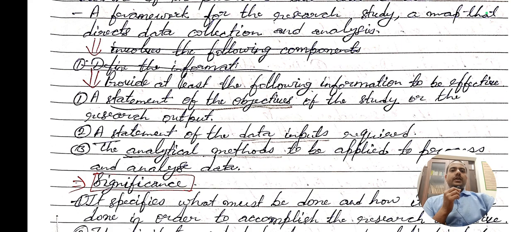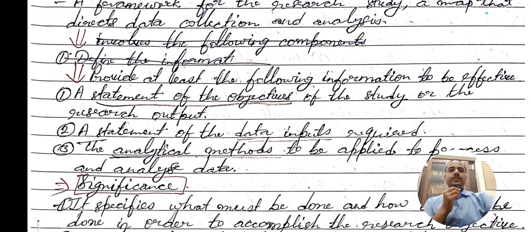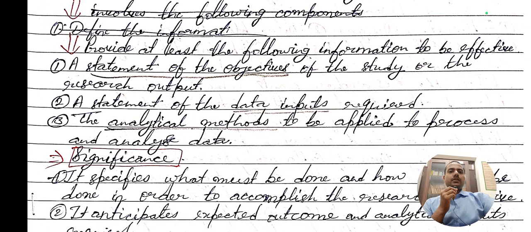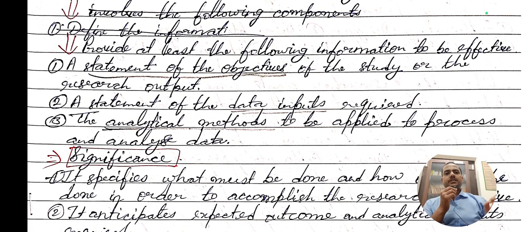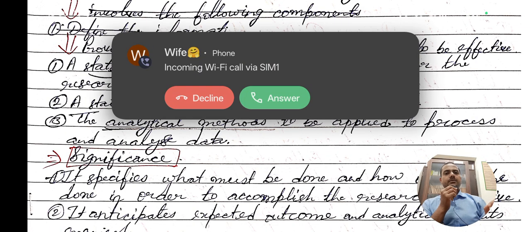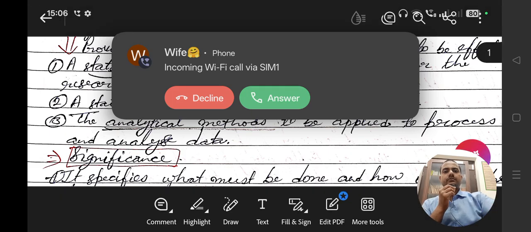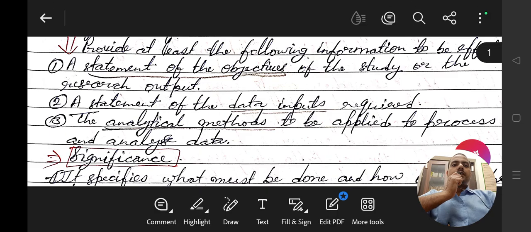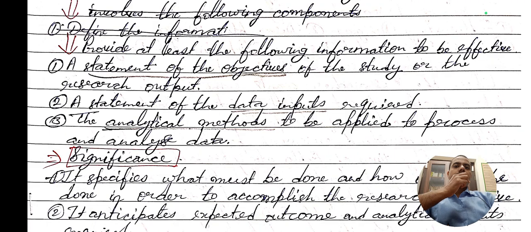And it provides at least the following information to be effective. It means if the research design is effective, it should provide the following information. The research design provides three kinds of information.